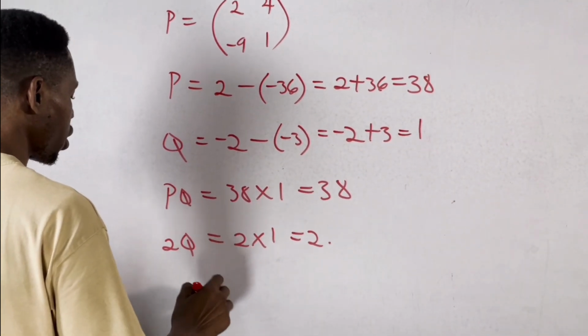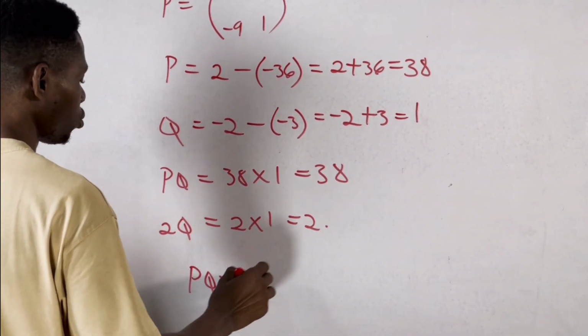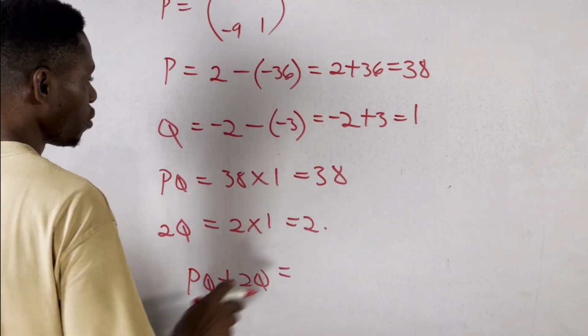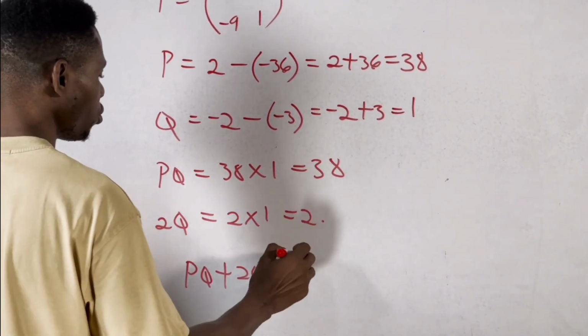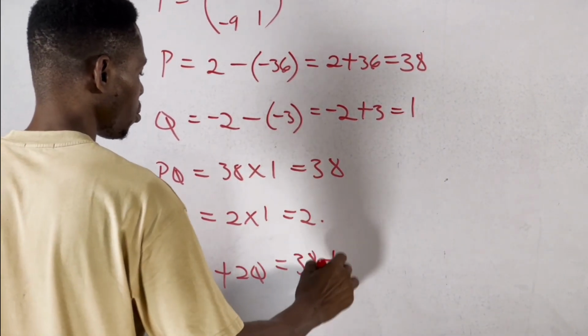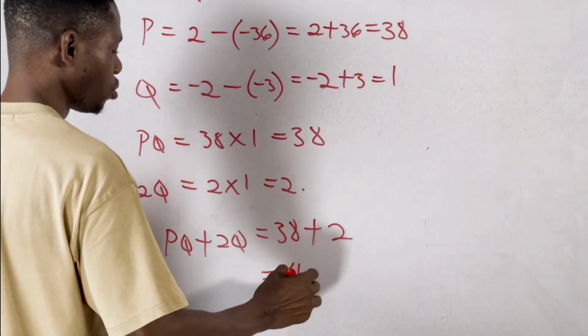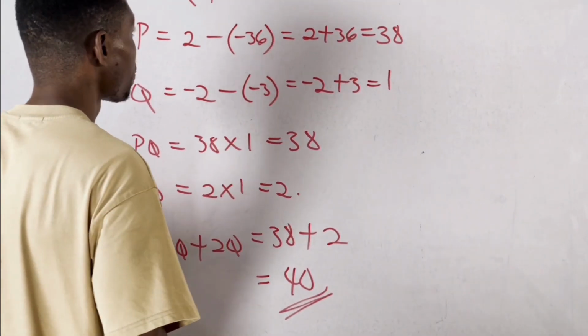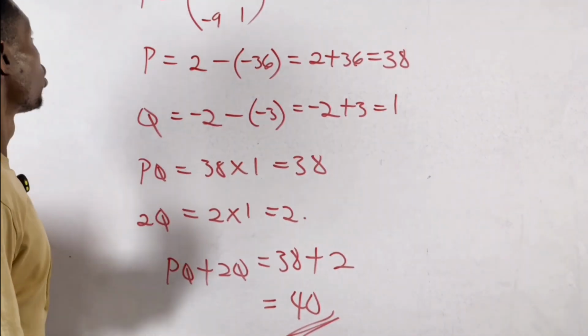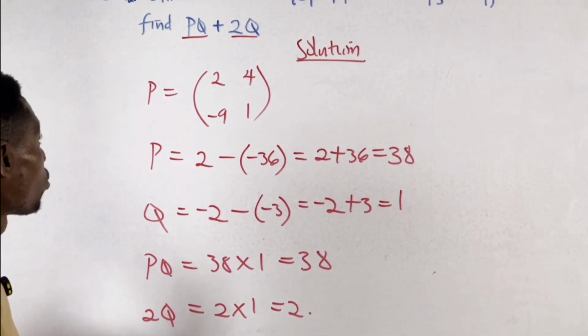So PQ plus 2Q will give us 38 plus 2, that gives you 40. And that's our answer to question 11A for WAEC 2025.